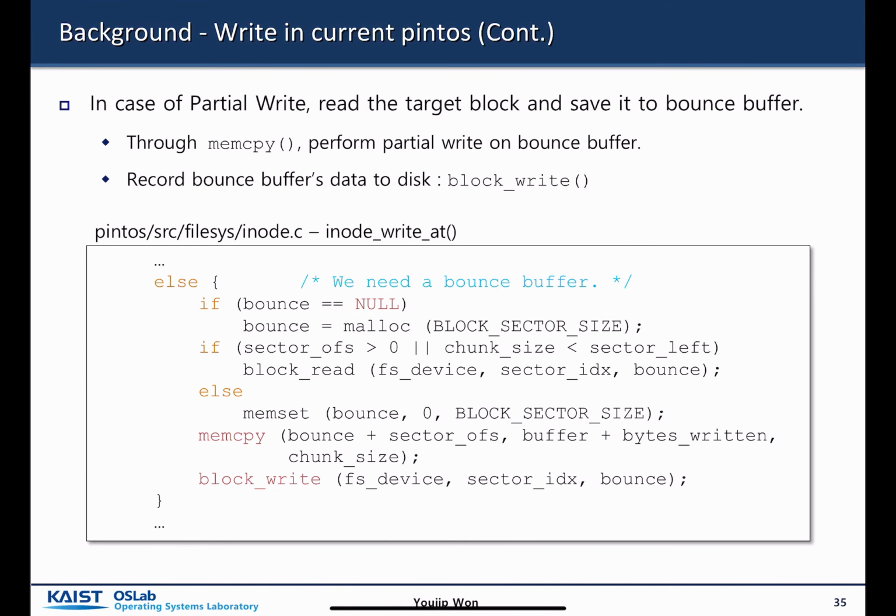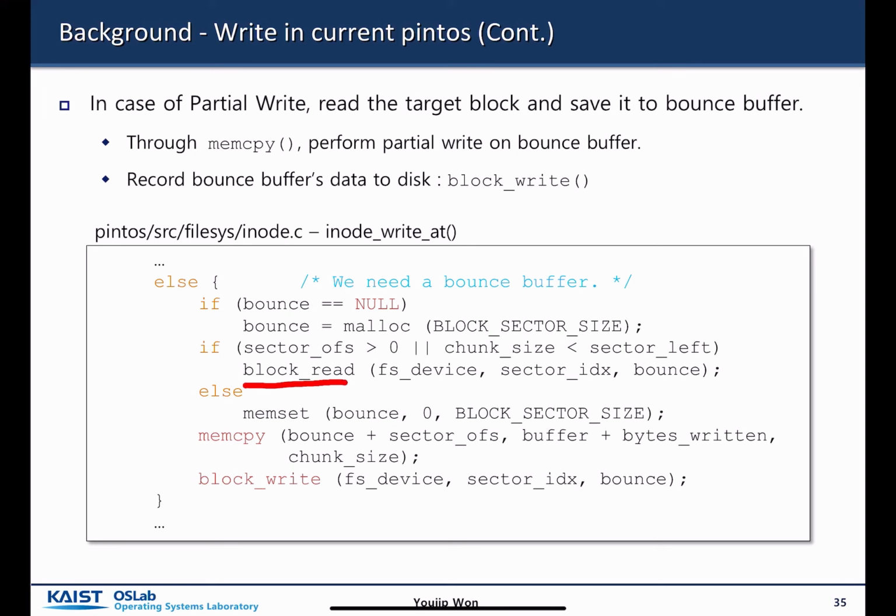When you perform a partial write, which means you are writing part of the block, you need a bounce buffer, and you first have to read the data blocks from the disk to the bounce buffer. So you have to read the disk block from the disk to the memory, and then you merge the contents of the bounce buffer with the fraction of the blocks you want to write.